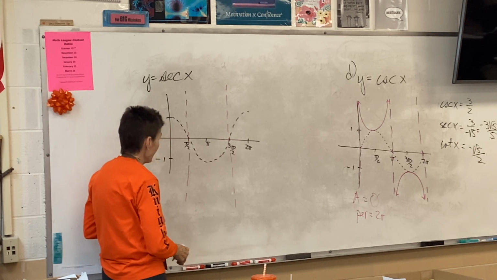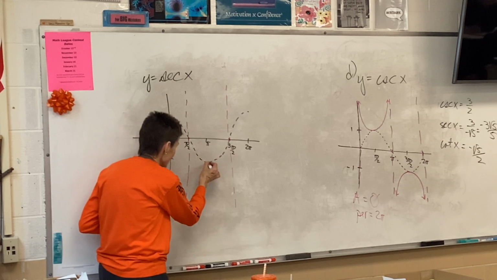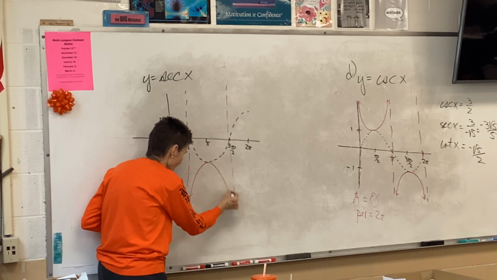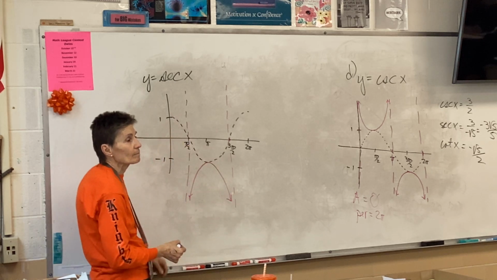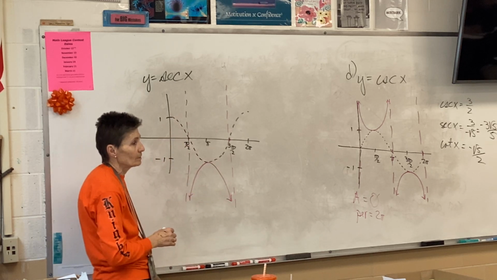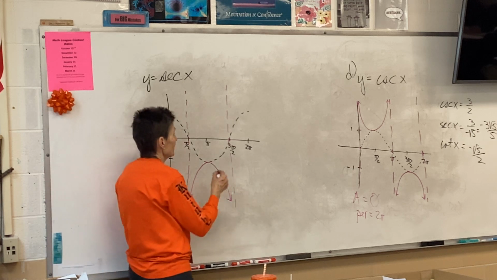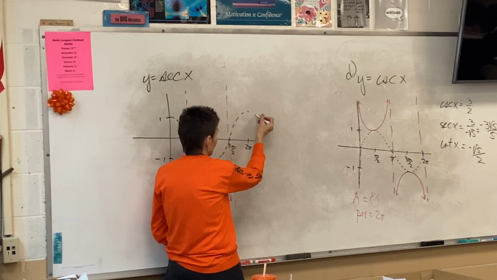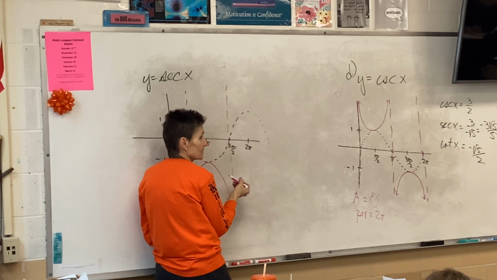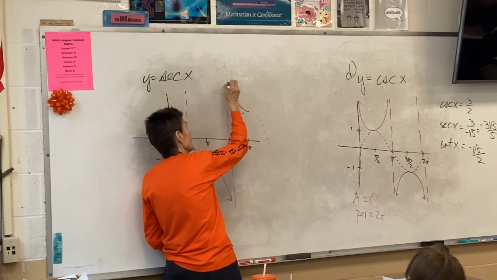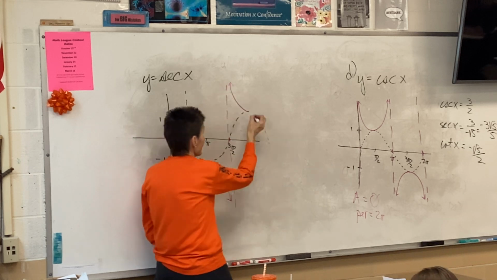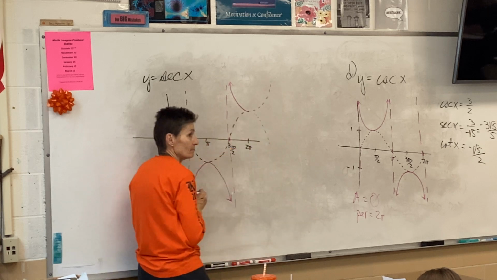Now, I have no issue with this parabola. I mean, that one's easy, right? Would you agree? It's these other two. If you think about that, this looks like this, because the other half would look like that, right?